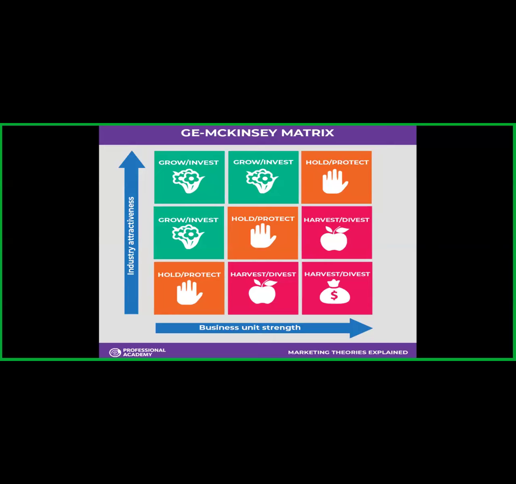So we have to understand two concepts: grow and invest. For that, we need to understand the strength of your business unit or your organization, and compare it with industry attractiveness, meaning how much the company is controlling the share of a particular product.